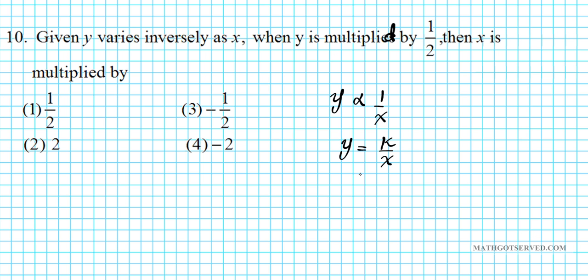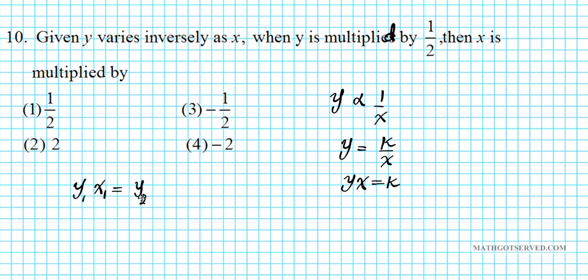So if you multiply both sides by x, you have y times x is always a constant. So when you multiply both of them together, you always get the same thing. There's a change that has been made here, so I'm going to write this as: the first y times the first x is equal to the second y times the second x.